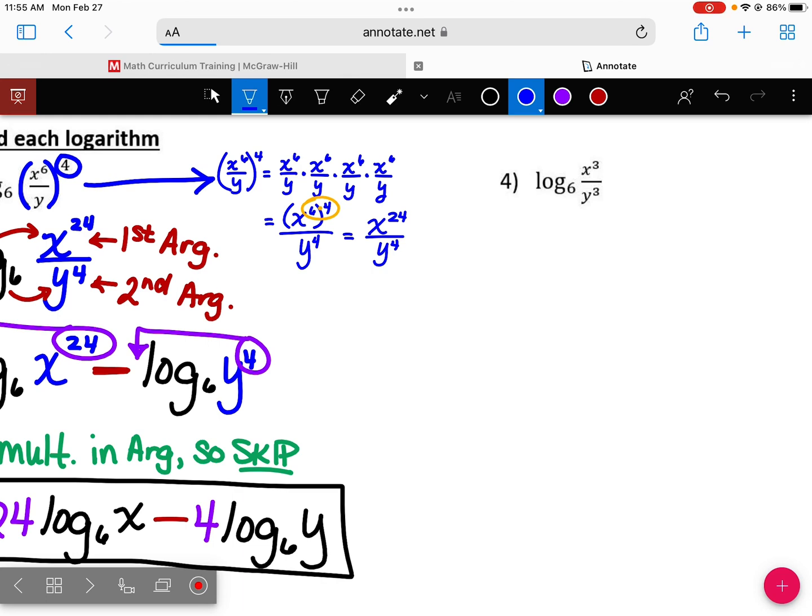Just make sure that your base of 6 is written little. Right now you've got it written big, this guy right here, in the extra small.